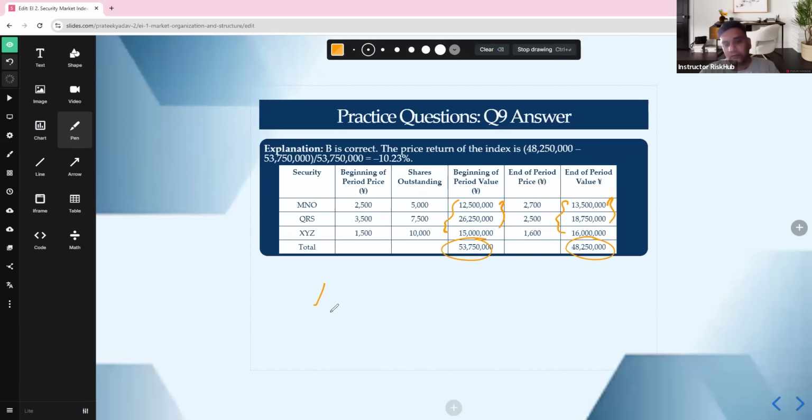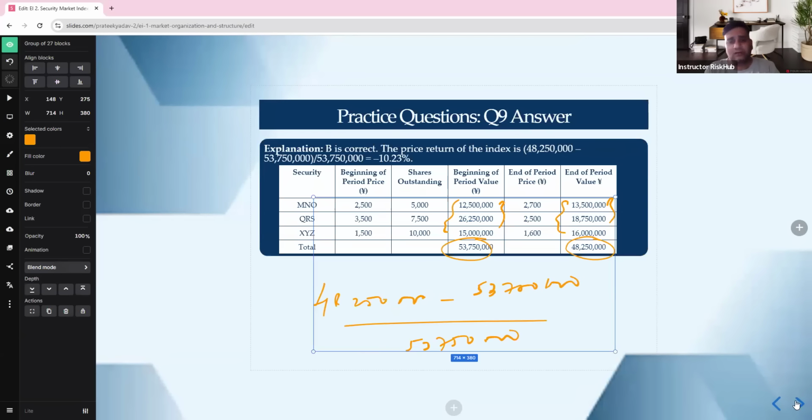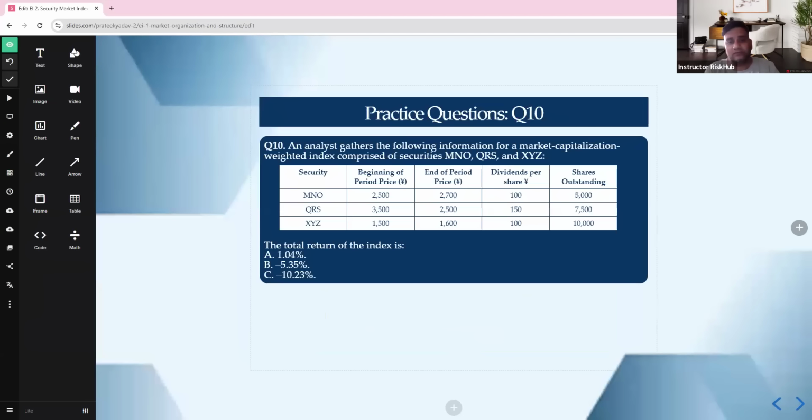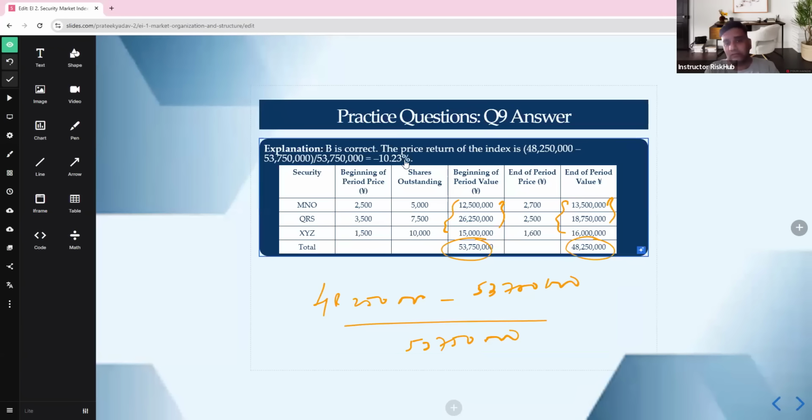So 48,250 minus your 53,750 divided by 53,750. So again, small things. Figure out how these are calculated. If you calculate this, you see B is the correct answer.